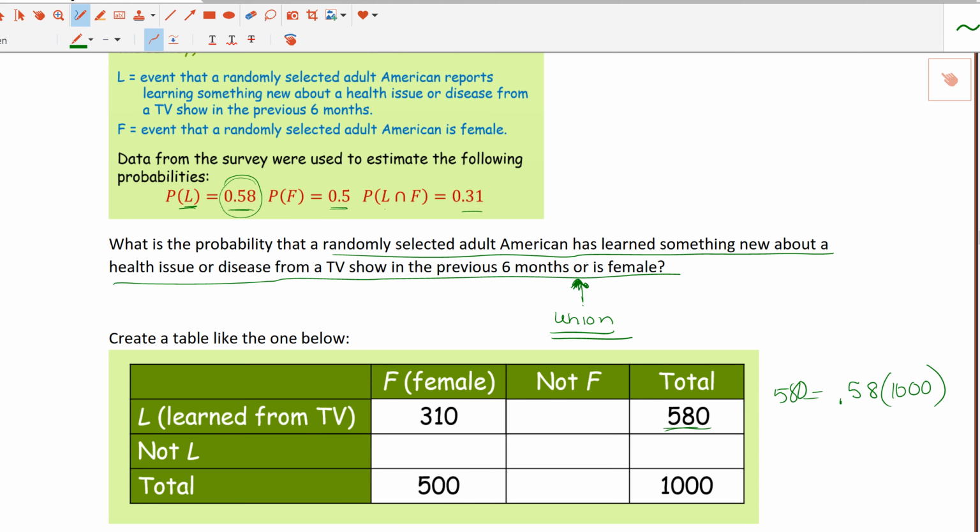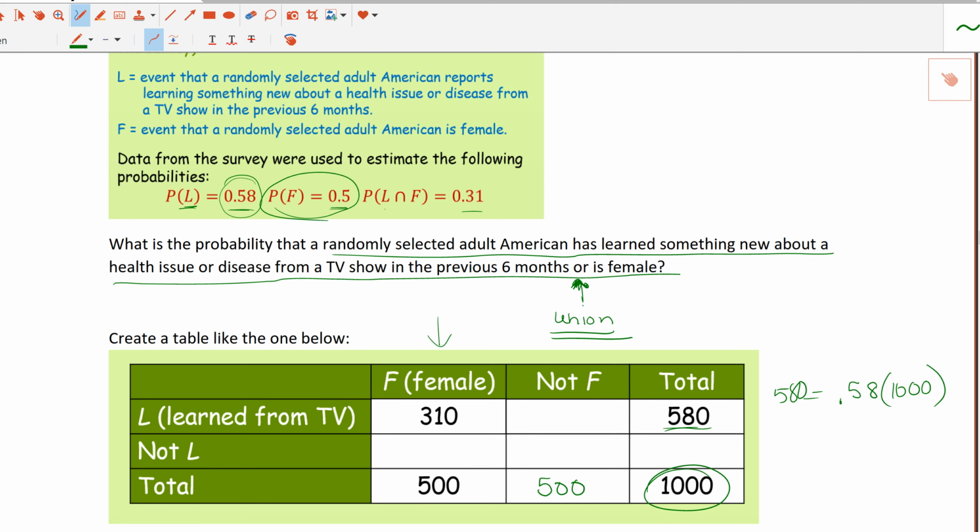We do not know if they were female or not female. We just know that 580 of them learned something. Now we're also told that the probability that they were female, okay, so here's our column of female, there were 500 out of 1,000 because the probability is 0.5 or half. So half of the 1,000 were female, so that means that 500 of them were not female.